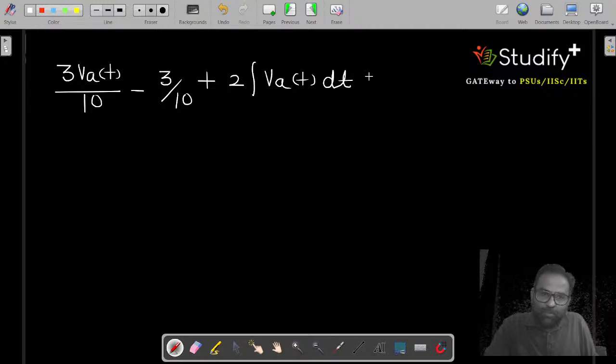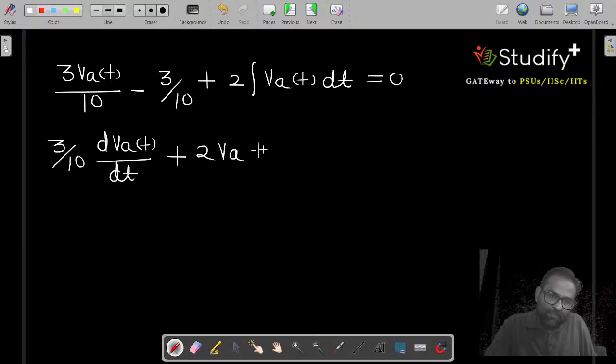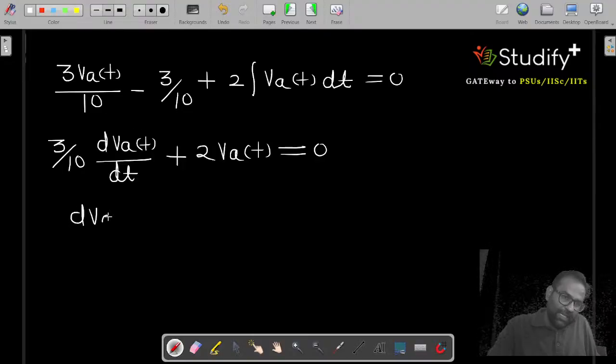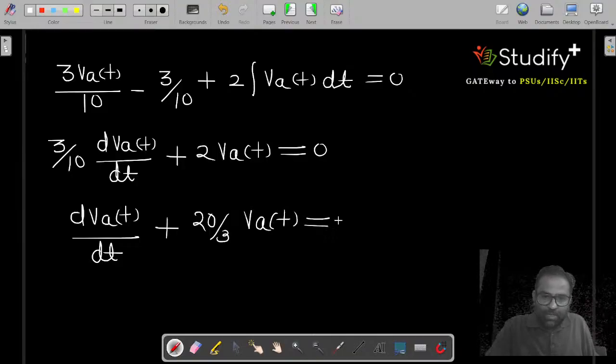When I differentiate both sides, can I say this is 3 by 10 dVAT divided by dt plus 2 times VAT equal to 0. Or you can say, if I take this coefficient as 1, dVAT divided by dt plus 20 divided by 3 VAT is equivalent to 0.